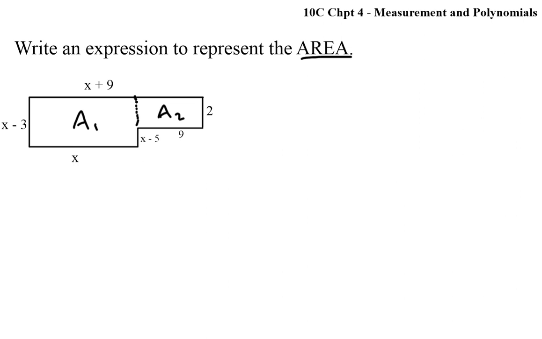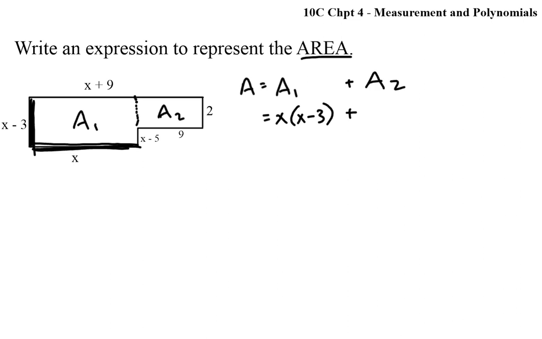Area 1, area 2. Well, area 1 is a rectangle that has a length and a width equal to that. So area 1 will be x times x minus 3. Length times width. And I want to add to that area 2. Well, area 2 is 9 by 2.